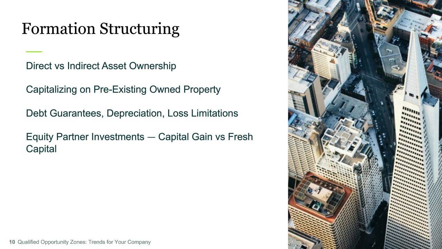So in order to take advantage of some of the tax savings that are available here, you really have to put some substantial amount of money into the property, substantially improve it, rehab it, or do ground up new development to get a lot of the tax benefits. So capitalizing on pre-existing owned property is an area where we're seeing a lot of activity, and there are ways of structuring that. You just have to be mindful of how you're doing that.